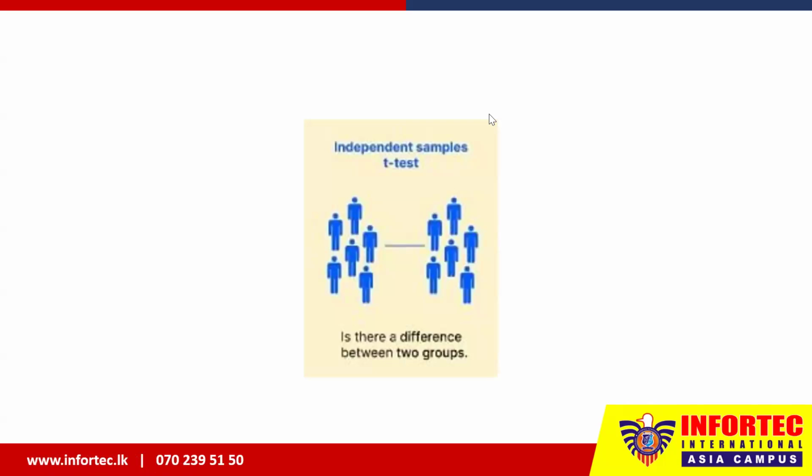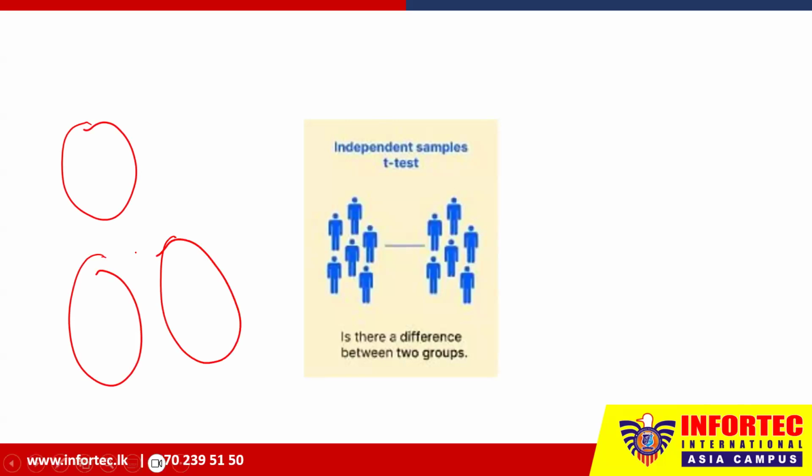When you are considering a two sample test, there are two types. If you have one sample, it is the one sample t-test, and if you have two samples, we call it a two sample t-test. The two sample t-test also has two types: the independent sample t-test and the dependent sample t-test. I will explain the difference between them.